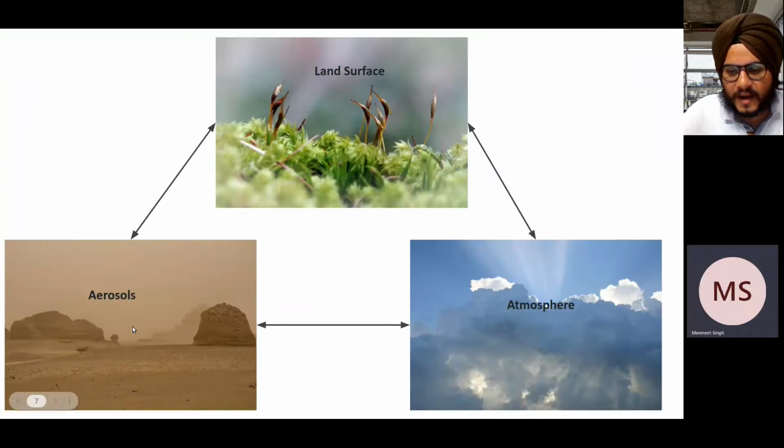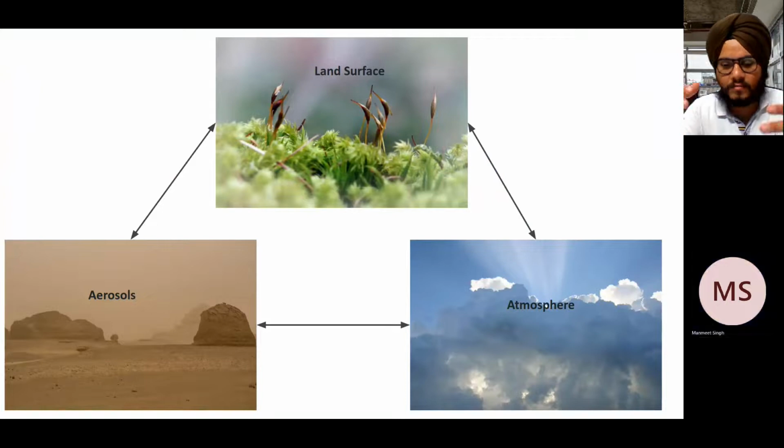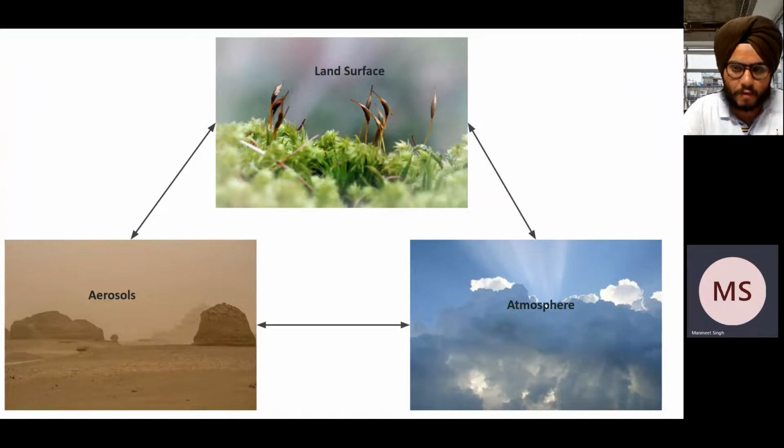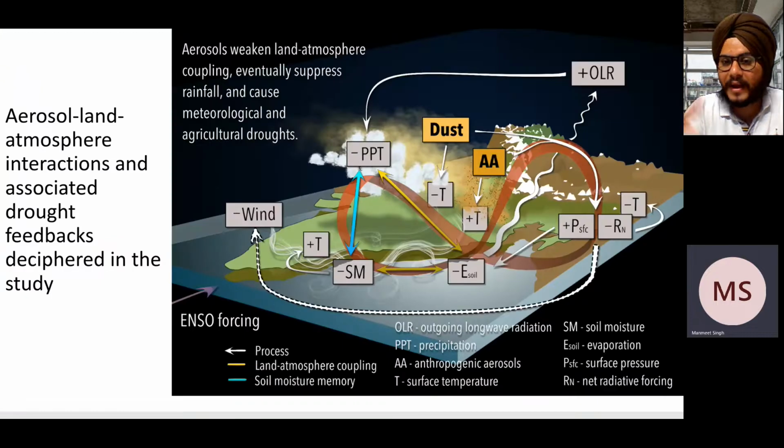The next part of this thesis is trying to understand the important role of land surface, aerosols and atmosphere in a unified way, in modulating the agricultural and meteorological droughts. Until now, studies have only seen the binary relationships between aerosols and monsoon, and land surface and monsoon, but all these components are actually present in the climate system, interacting in a non-linear fashion, in unison with each other.